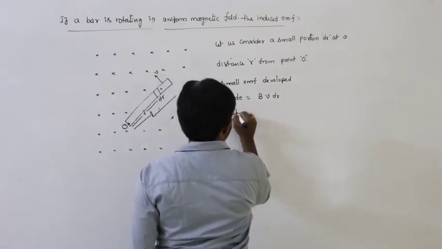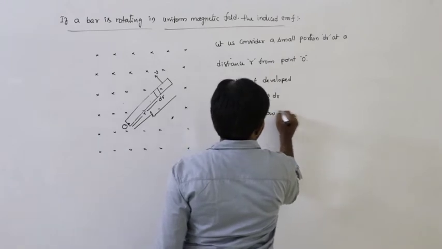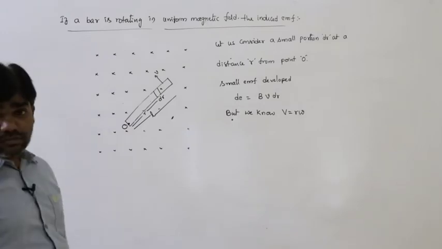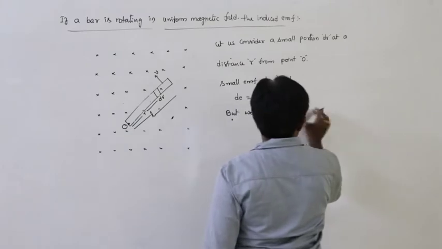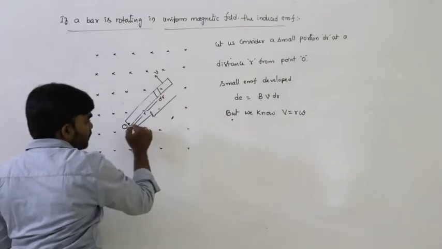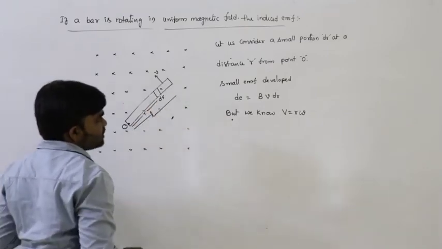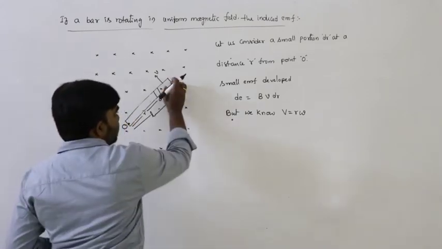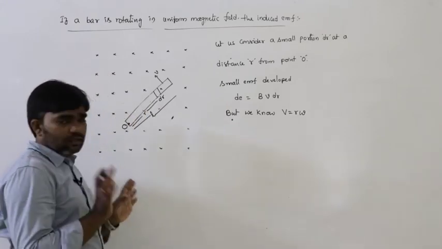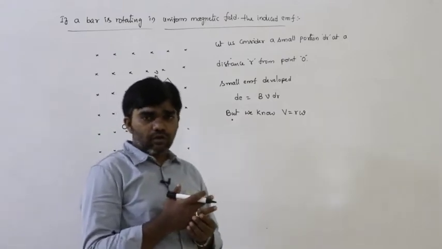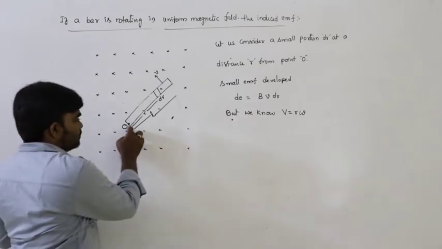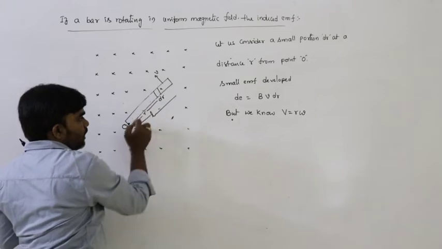But we know, in terms of angular velocity, velocity v equals r omega, because I am considering the small portion dr at a distance r. What is r? The distance from the axis of rotation. From this axis I am considering the small portion dr at a distance r.